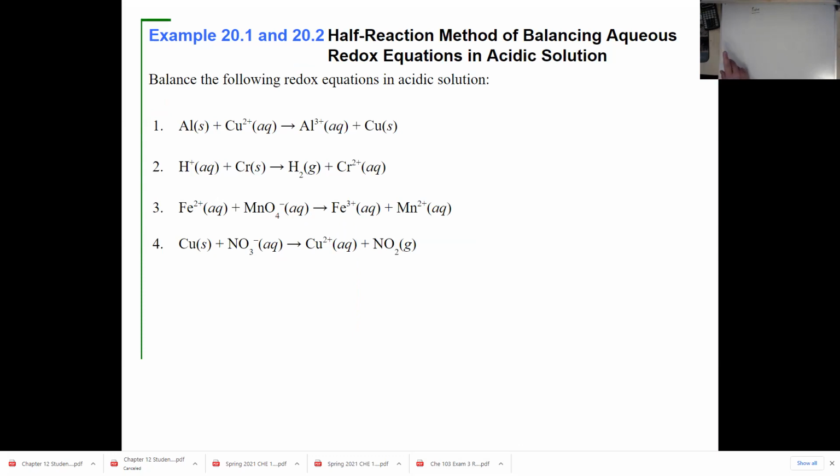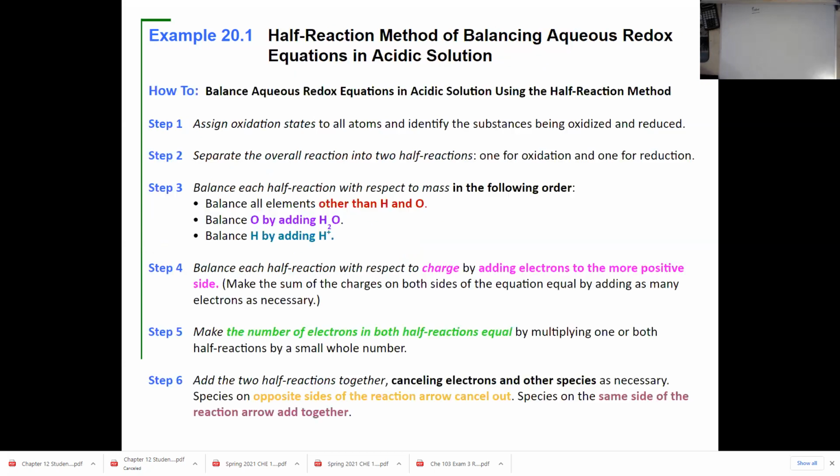Before we actually start balancing though, take a minute to write down the reactions that we're going to be working with, and also take a minute to write down the steps. I'm going to be referring back to these steps while I balance these equations, but it's good if you have these written out for yourself, because then it's going to help you remember them a little bit better.